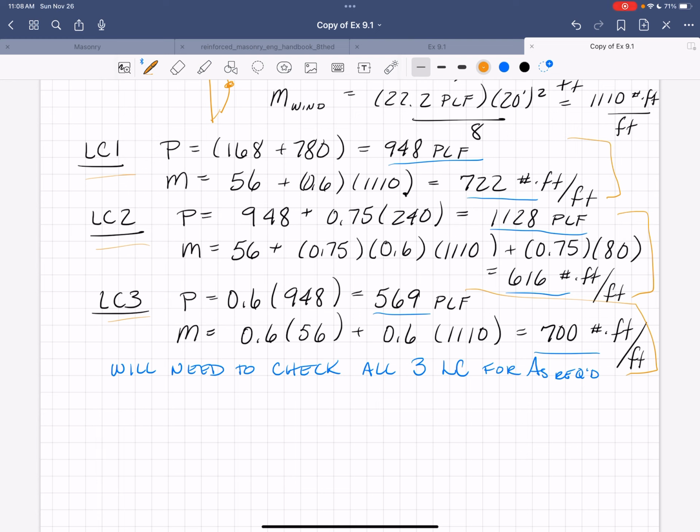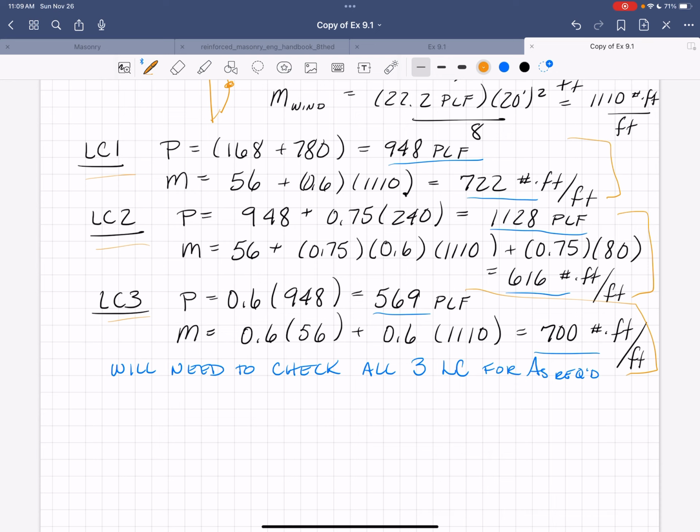Honestly, you should check all 3 cases because the interaction diagram does weird things. It has different shapes. It's hard a lot of times to guess, and you're typically going to have one that has a bigger P, one that has a bigger M, and then, like we have in this case, one that doesn't have the biggest P or the biggest M, but is kind of the second biggest in those.